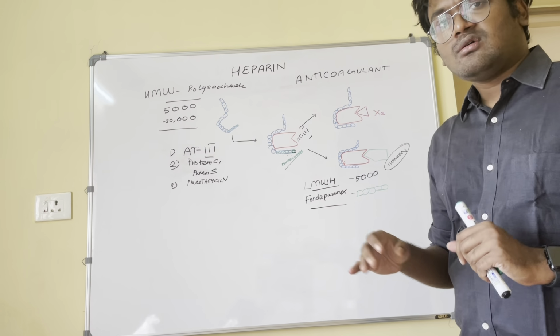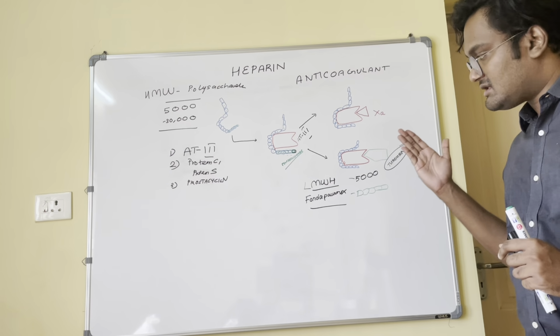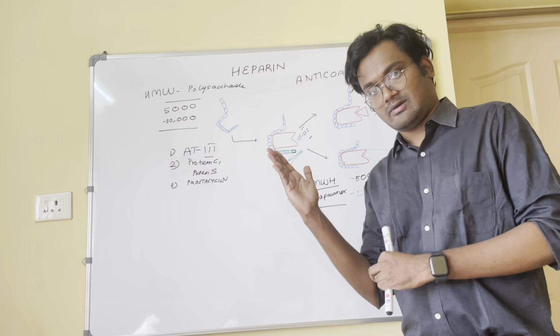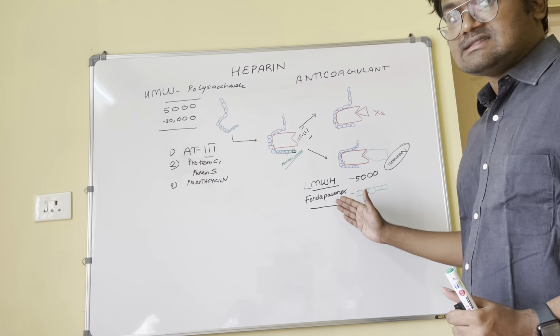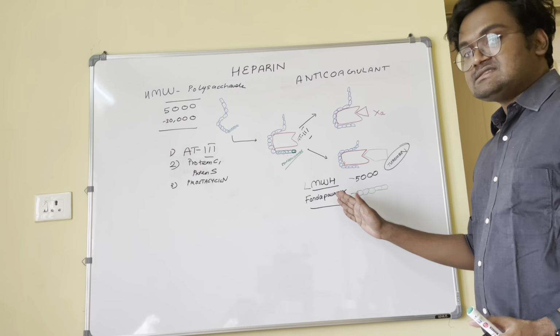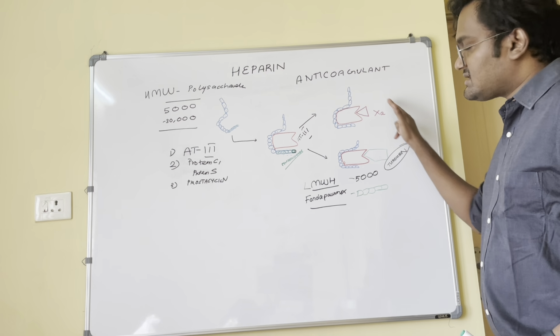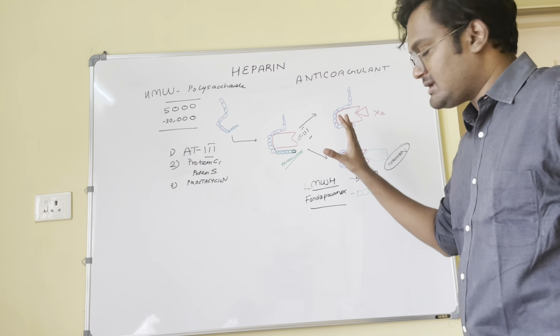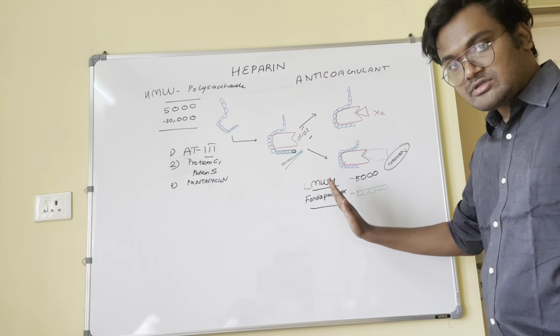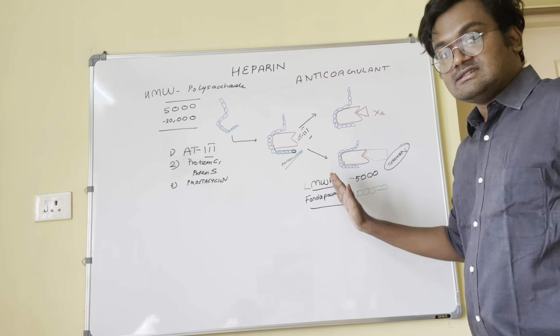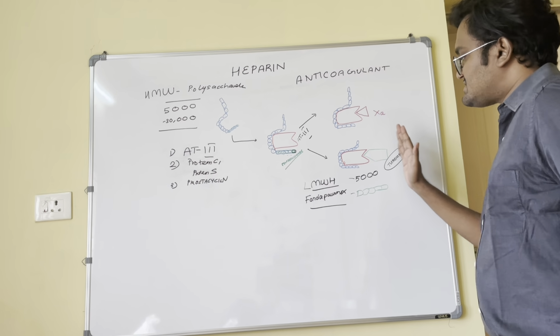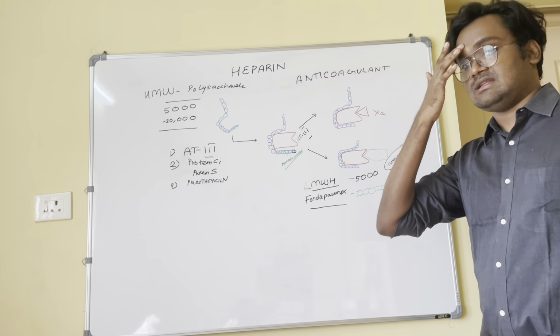So what is the problem with low molecular weight heparin and fondaparinux? Both of these will cause the factor 10A mediated action. But both do not produce the thrombin antithrombin mediated action.